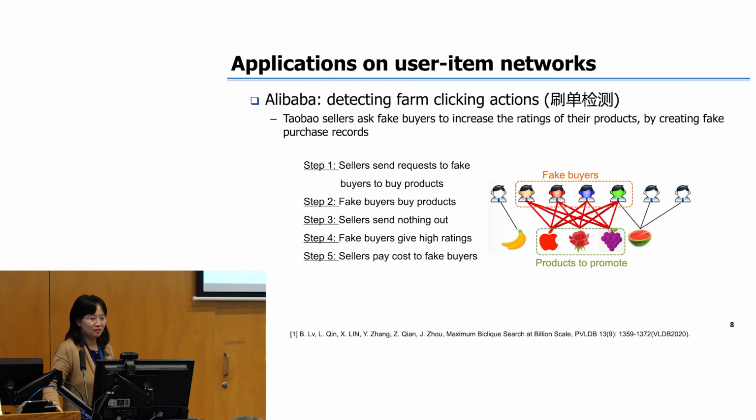In this example, it will be very helpful if we can quickly identify this dense subgraph, which is actually a clique, where every vertex from the upper layer is connected with all the vertices in the lower layer. So these can be the potential fake buyers, and these are the products they wish to promote.